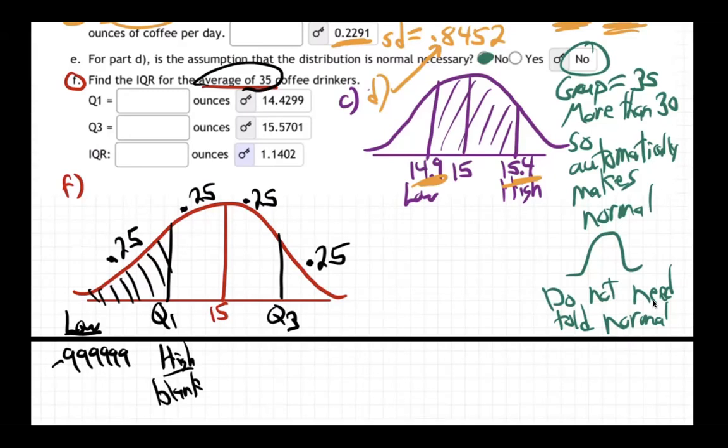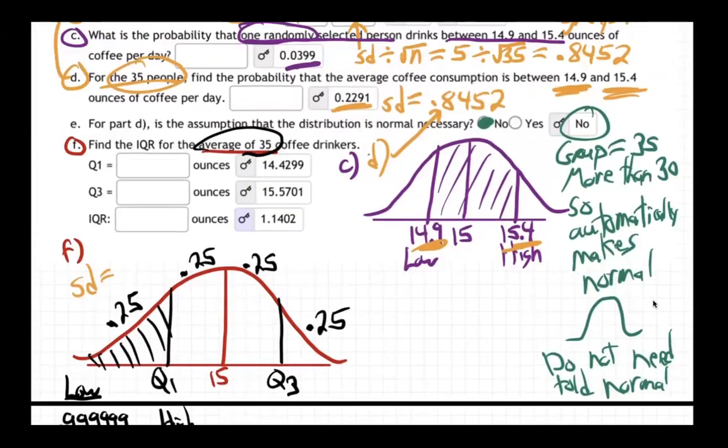So that means I'm going to use the new standard deviation, 0.8452, because it's a group average. It's not one person. It's the average of 35 coffee drinkers. So you're grabbing 35 coffee drinkers, not just one person, and asking, what's the first quartile for 35 coffee drinkers?